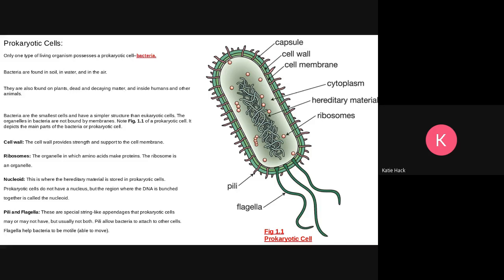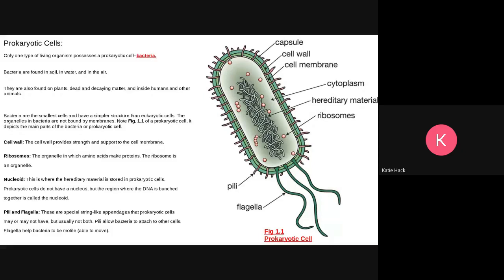Now the nucleoid is the area where the hereditary material is stored in the prokaryotic cells. Prokaryotic cells do not have a nucleus, but the region where the DNA is bunched together is called the nucleoid. So there's a nucleoid for prokaryotic cells and a nucleus for eukaryotic cells.